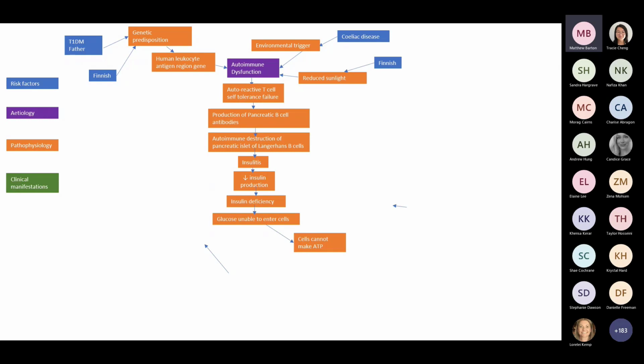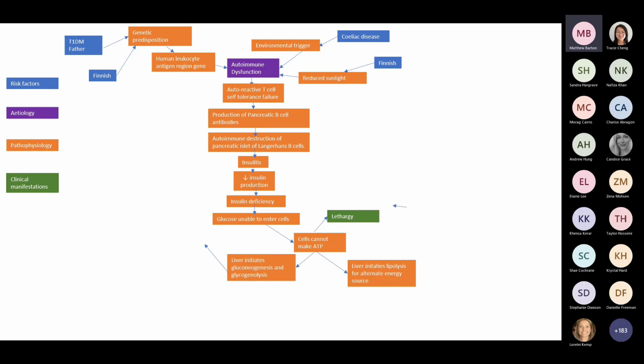Yes, that's great. Melissa, well done. So lethargy. So there's the first clinical manifestation. Just fairly simply, we've demonstrated that just by not having insulin, you can't get glucose into your cells. Therefore, you can't make energy very efficiently. Therefore, you're lethargic.